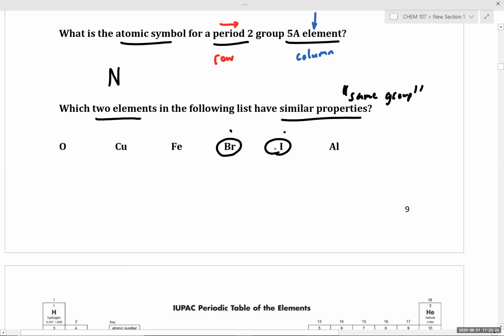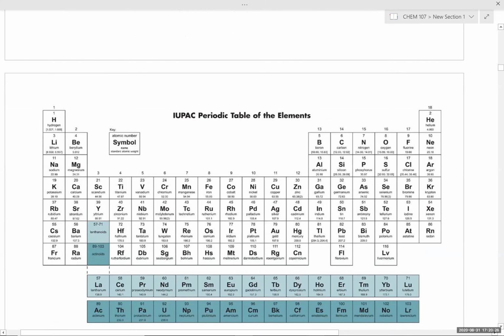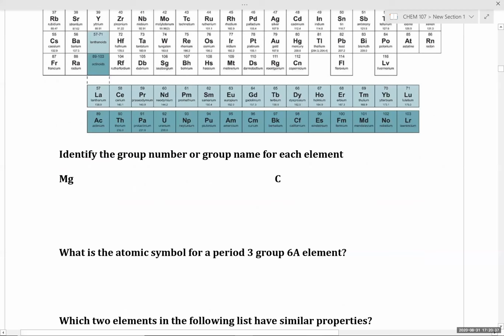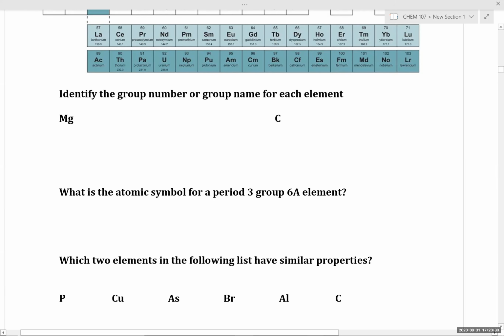Okay, so now that we've seen some examples of problems relating to reading the periodic table, here's your own copy of the periodic table, just like that which you'd receive on an exam. Given this periodic table, I'd like you to try to answer the following 3 questions. Question 1, identify the group number and group name for each element.